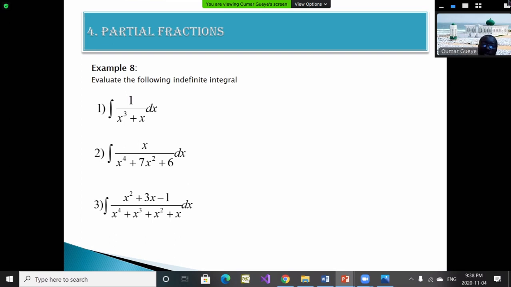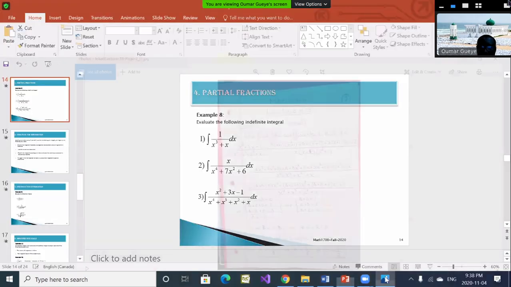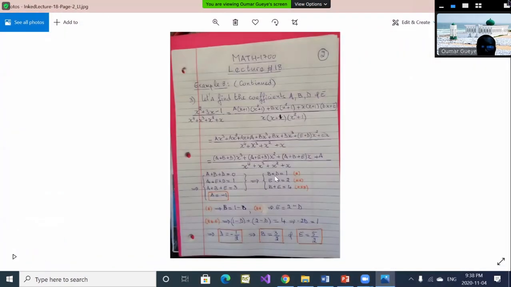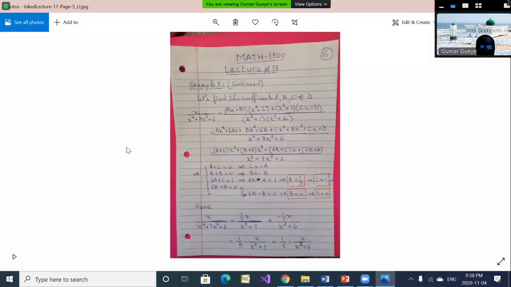So next we're going to use exactly what the partial fractions expansion says. Okay, up to here. All right.